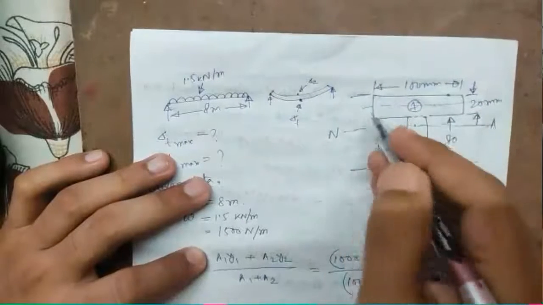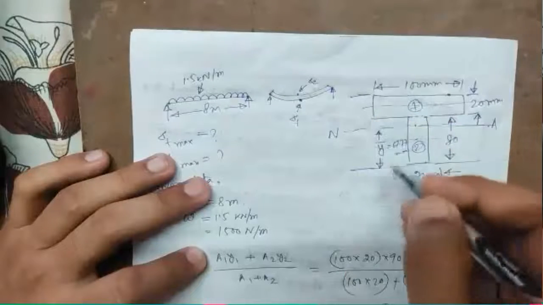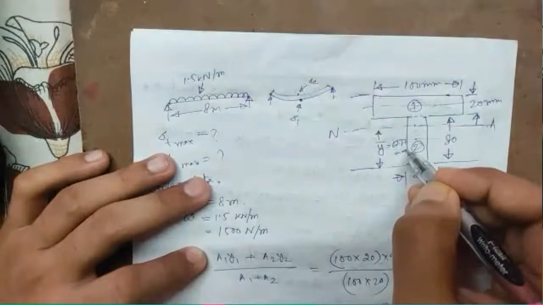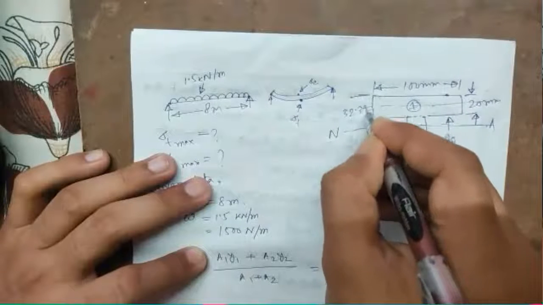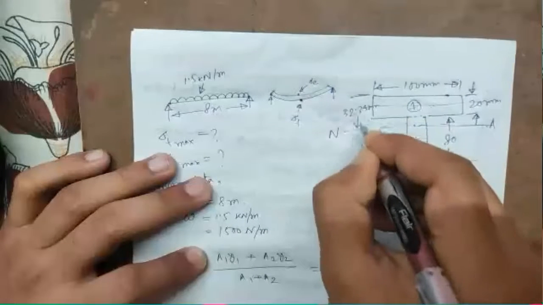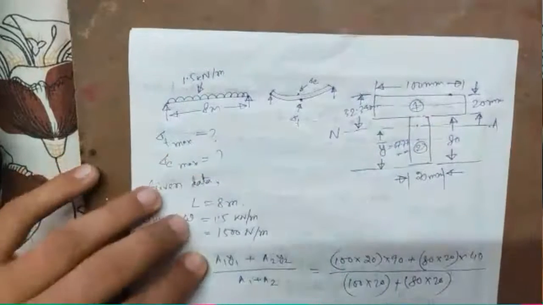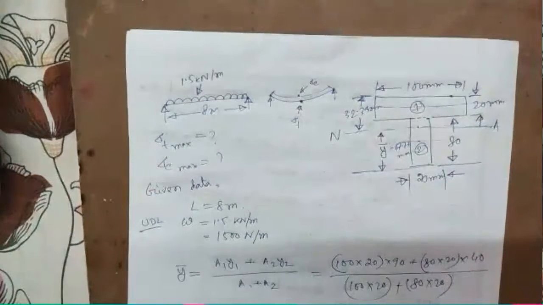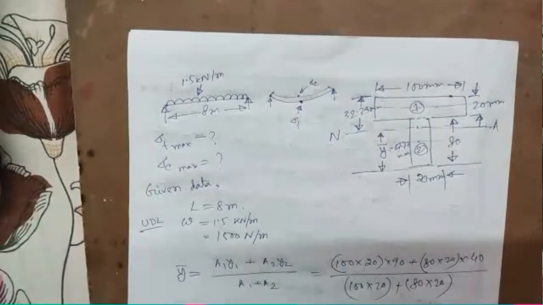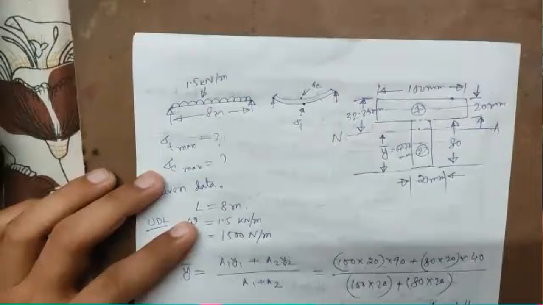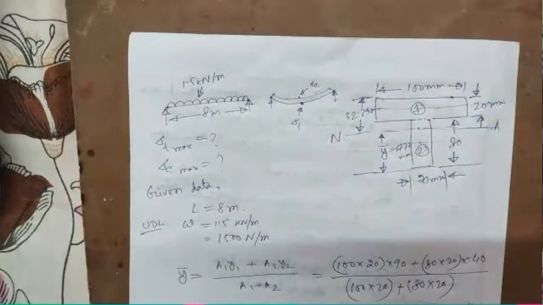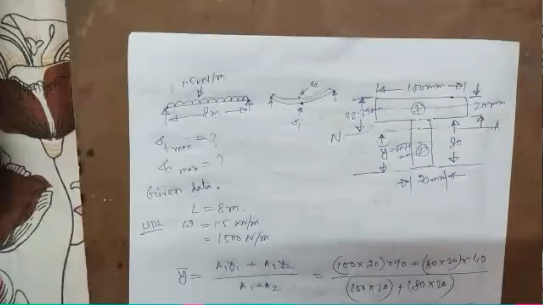So from the top it will be 100 minus 67.77, which is 32.33 millimeter from the top. So the neutral axis is 67.77 millimeter from the bottom face, and 32.33 millimeter from the top face. So we have found both values of y max.